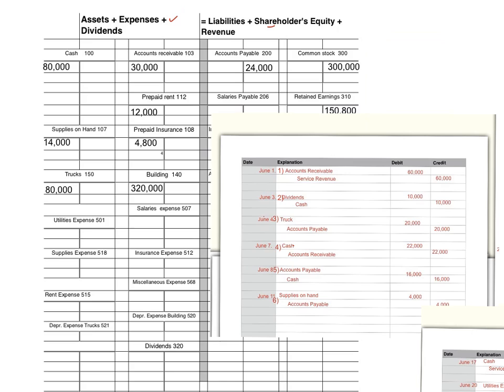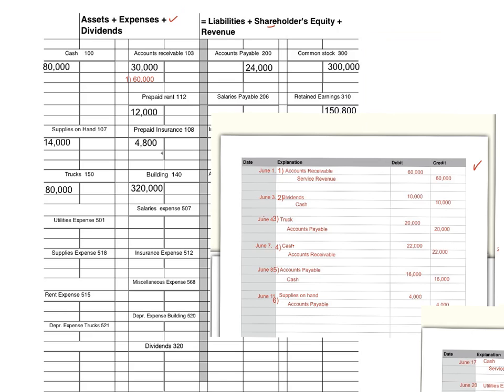Now I've numbered each of the transactions: June 1st, transaction 1, June 3rd, transaction 2, June 4th, transaction 3, and so on. That's just for simplicity. I could put the date in, but I'd rather put the number because we're a little tight on space. So on June 1st, the first posting, a debit to accounts receivable, 60,000, and I put it in the accounts receivable on the debit side, and I tick it off.